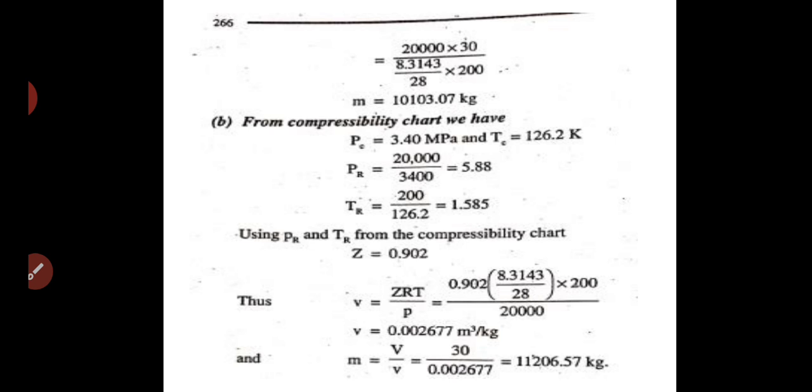So you found here that the mass is not 10,103, but it is more, about 1,100 kgs more. It is 11,206 kg. So this is the actual difference between ideal gas and real gas. In real life we need to consider the real gas equations, and in this problem we have used the compressibility chart to find out the mass. Thank you.